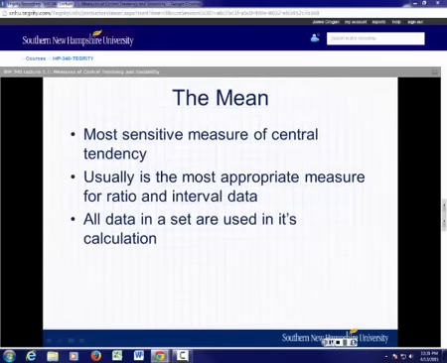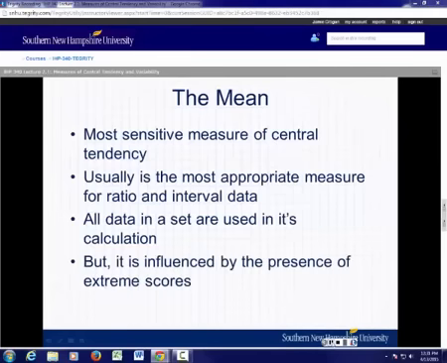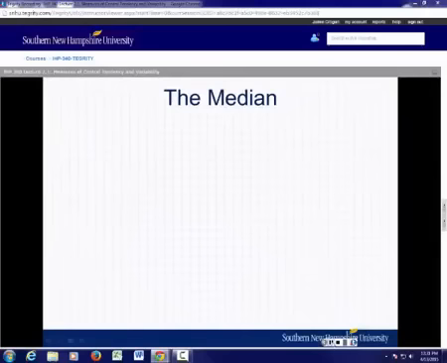As I said, for the mean, every data point in the data set is used in the calculation. But because of that, it is influenced by the presence of extreme scores, and we'll talk about this in an example coming up. The median, on the other hand, is the score that sits in the middle, or it's also called the 50th percentile.